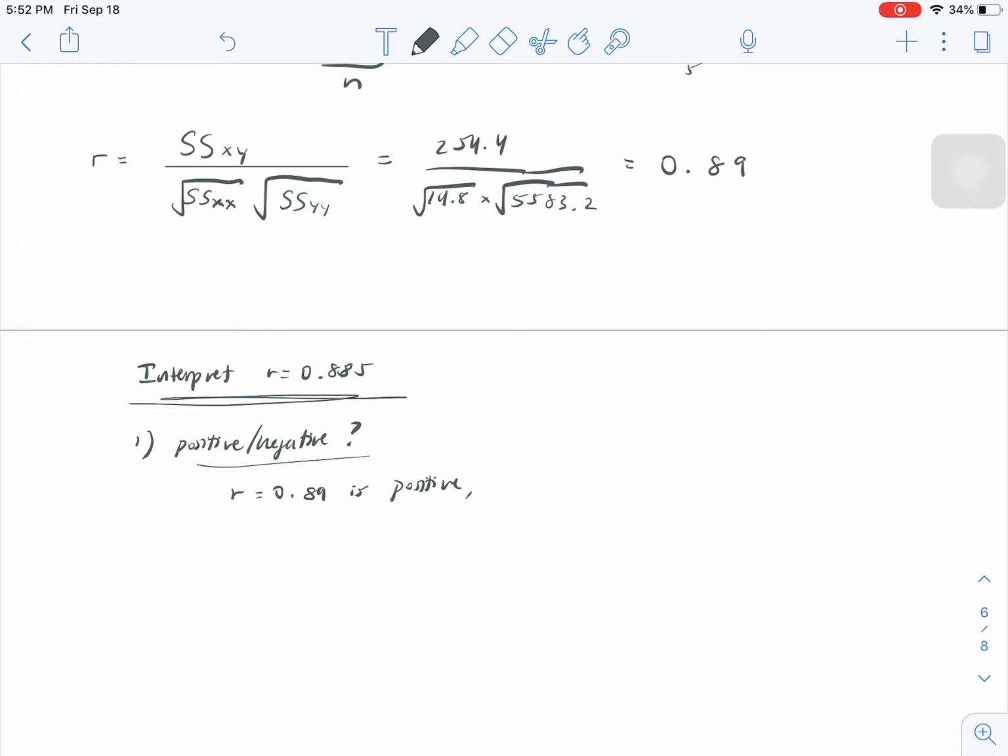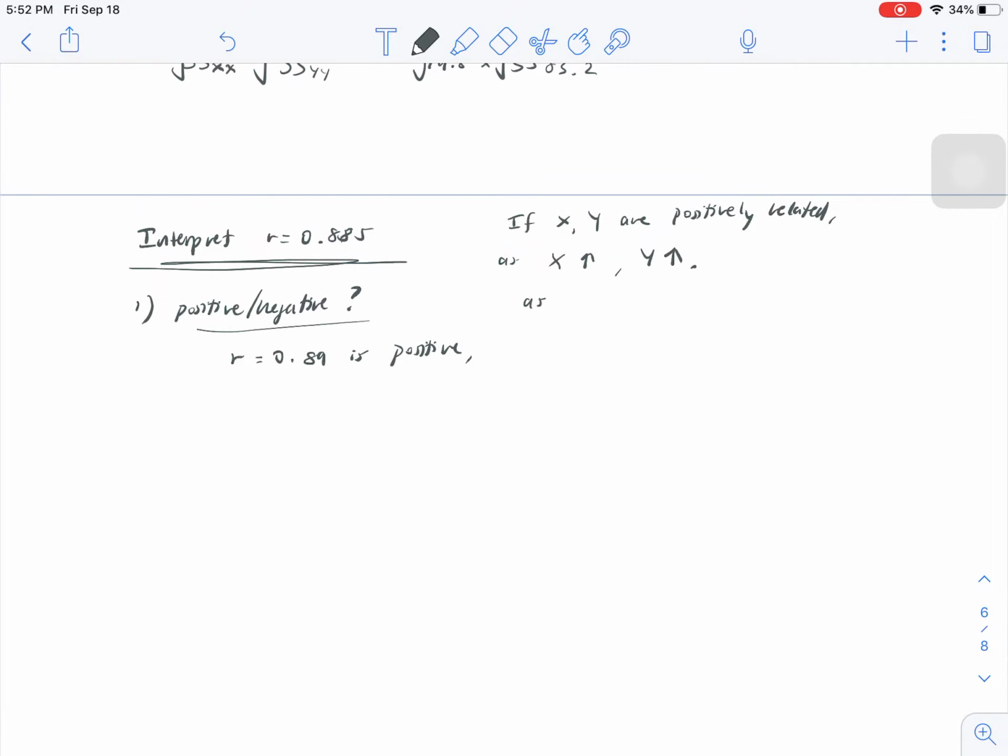What does it mean for there to be a positive relationship between two variables? That means that as x increases, y will also increase.